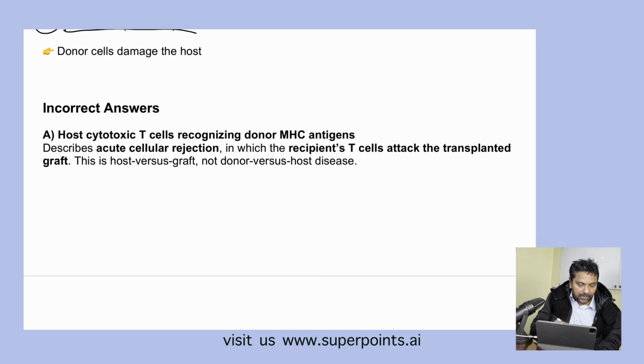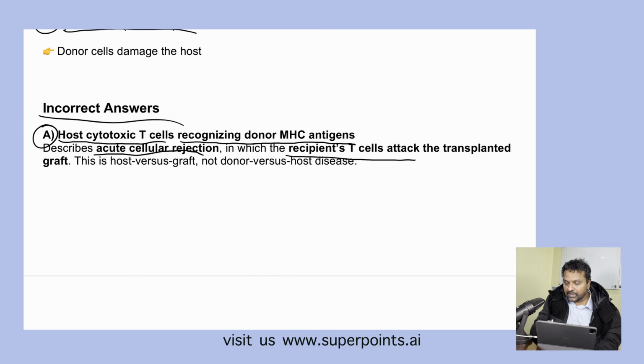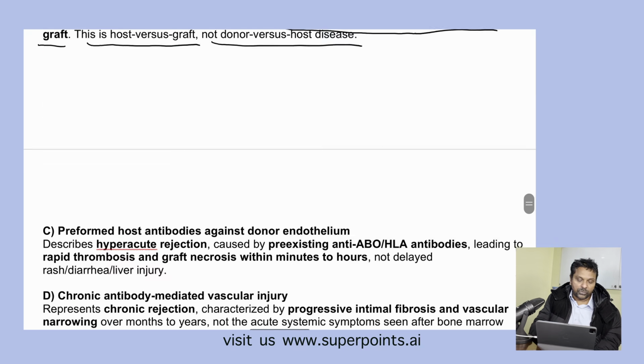What about the incorrect answers? A: host cytotoxic T cells recognizing donor MHC antigens, and the host is attacking, right? So we say that is acute cellular rejection, in which the recipient's T cells attack the transplanted graft. This is host versus graft, not graft versus host disease.